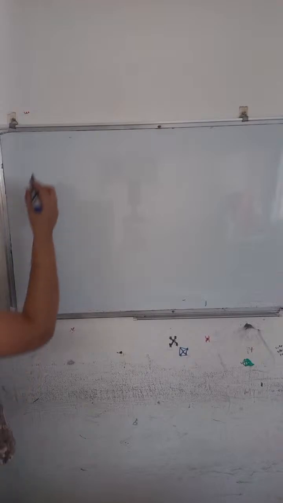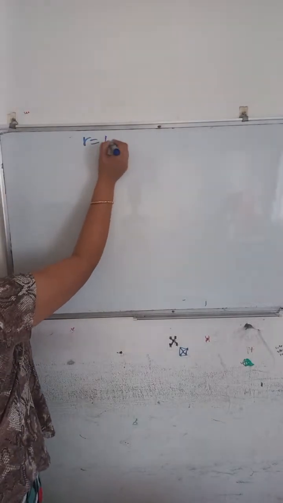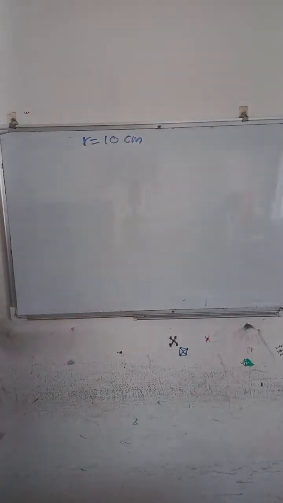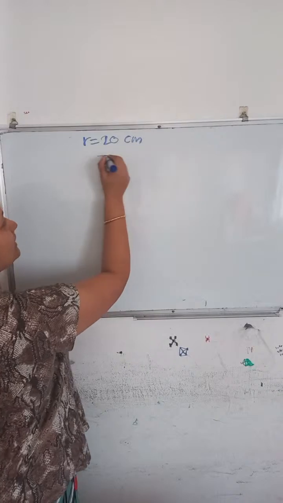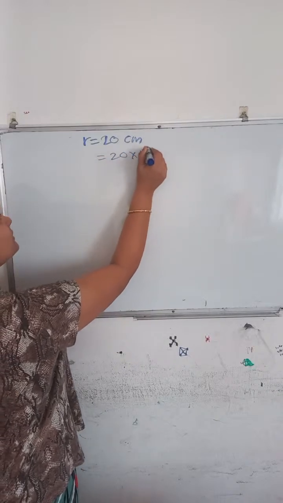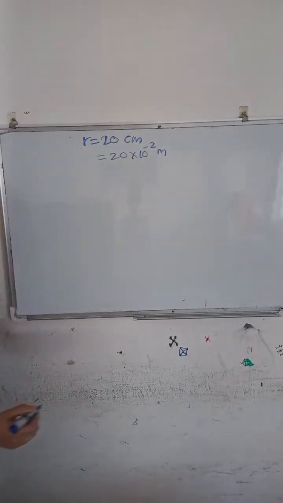Okay, so here very important thing, first write down all the quantities. R is nothing but I think 10 centimeter, correct? R is, sorry, not 10, it's 20. So 20 centimeter means 20 into 10 raised to minus 2 meter.